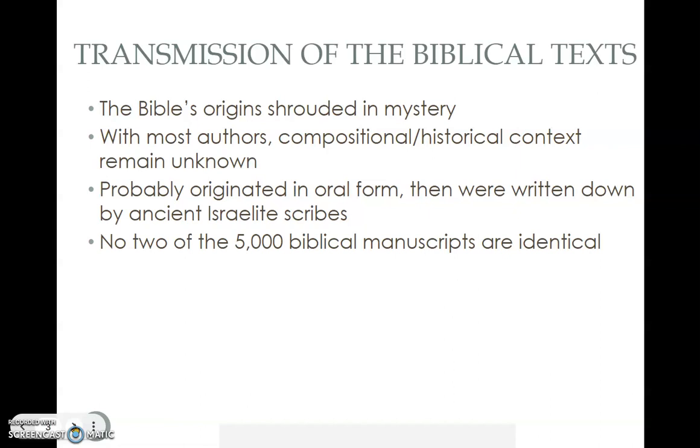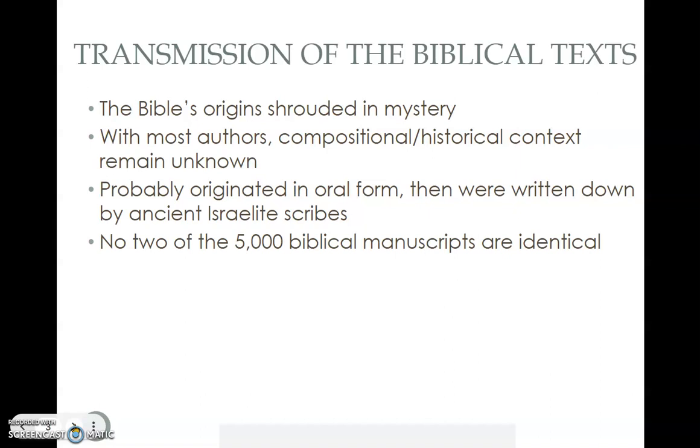And here we can say then that it is likely that they originated in oral form. So when it comes, for instance, to a book like Isaiah, like Jeremiah, these were speeches that were delivered orally, and then individuals began collecting these things and writing them down. As a matter of fact, the book of Jeremiah itself tells us that Jeremiah dictated his oracles to an assistant, to a scribe by the name of Baruch.